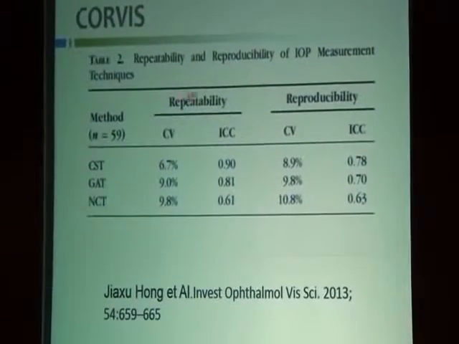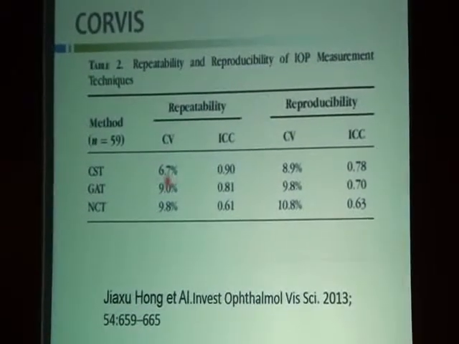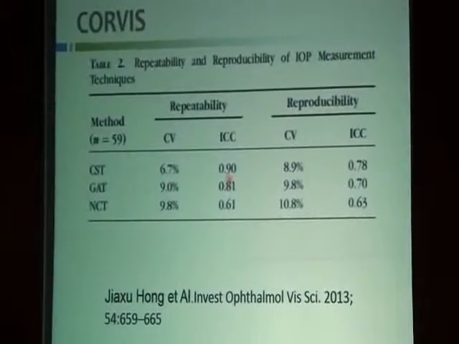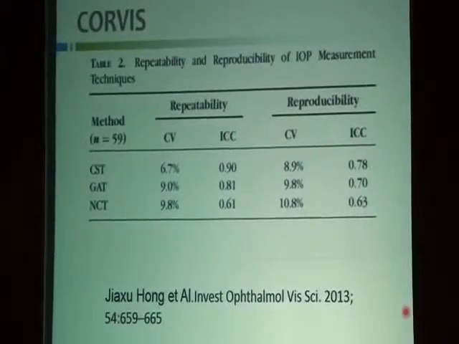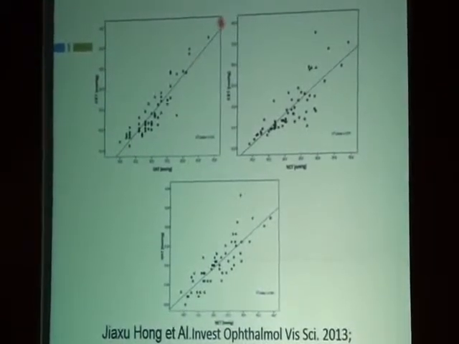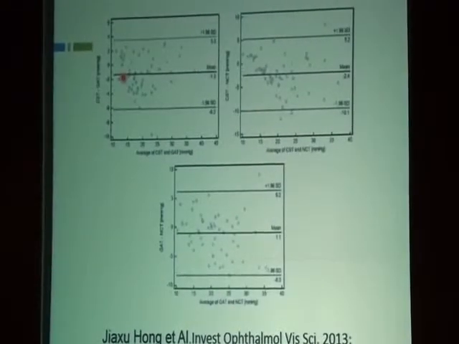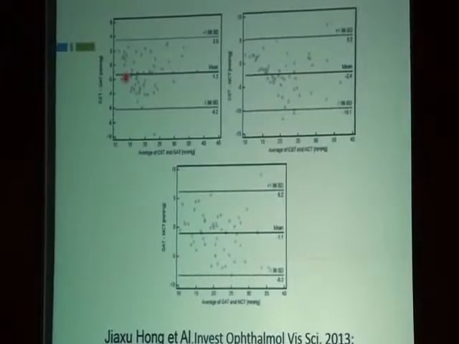When we look at the repeatability and reproducibility of the ORA intraocular pressure and the Corvis intraocular pressure, they are quite good, both the repeatability and the reproducibility. And it correlates well with the GAT values also. It gives a slightly lesser intraocular pressure reading than the GAT.